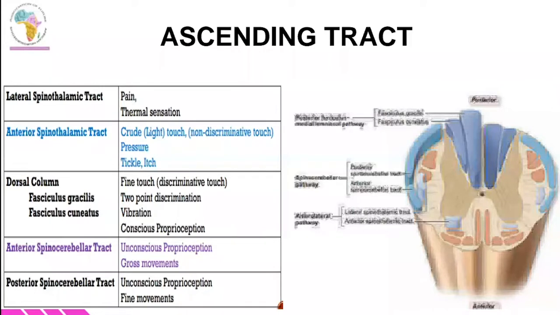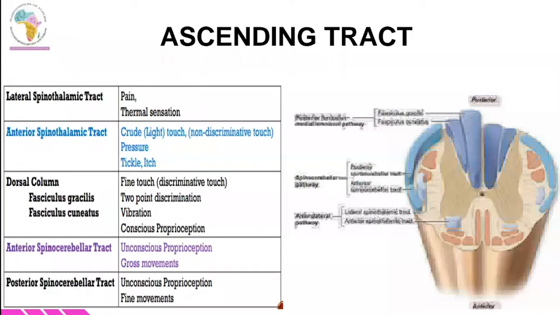The anterior spinothalamic tract is involved in crude touch or light touch, and also in receiving information from the pressure receptors, while the lateral spinothalamic tract is involved in pain and thermal sensations.